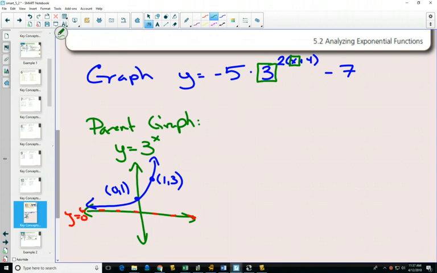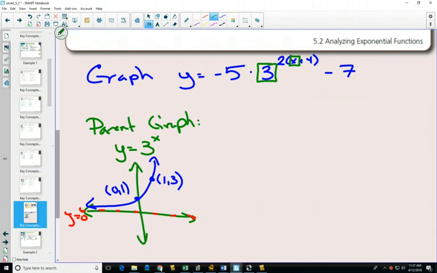The other thing is you might be tempted to put that 3 in as one of your stretches or compressions because you see a number. And all of our questions up till now, anytime there were numbers, those were part of our stretches and compressions, and anytime there was other stuff, that was just part of our parent graph. Well, this one has a number in our parent graph. So we have to go from left to right, we have to take our points, but that 3 doesn't affect your transformations.